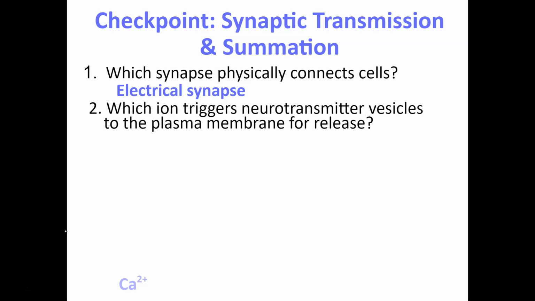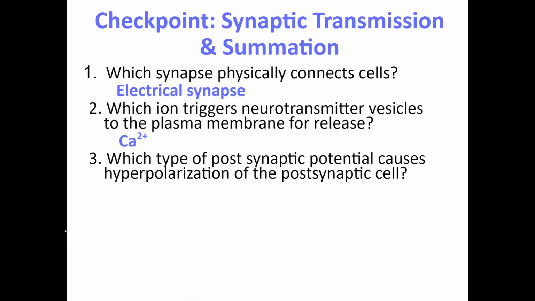If you said calcium, you would be correct. Number 3, which type of postsynaptic potential causes hyperpolarization of the postsynaptic cell? If you said IPSP, or inhibitory postsynaptic potential, then you would be correct.